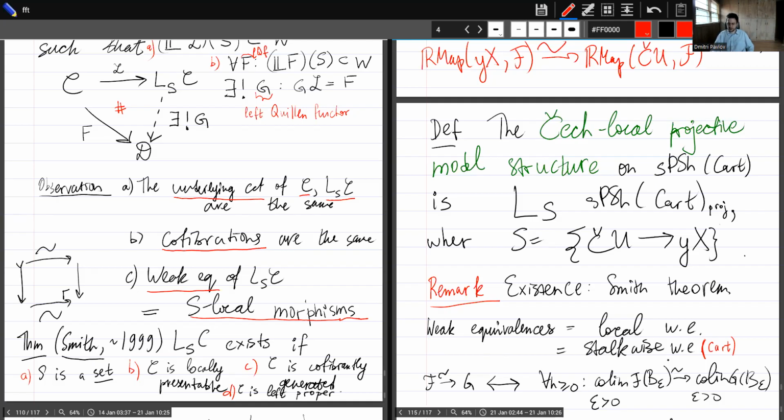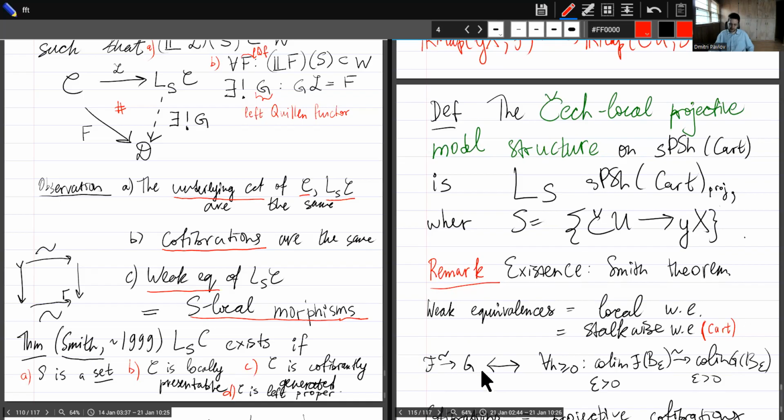So we can say a morphism of simplicial presheaves is a weak equivalence if for any n greater than or equal to 0, the induced map on stalks is one. The stalks will be simply colimits of simplicial sets given by evaluating F on an n-dimensional open ball of radius epsilon, where epsilon gets smaller and smaller, and you take the colimit as epsilon approaches 0. The resulting induced morphism between stalks has to be a weak equivalence.